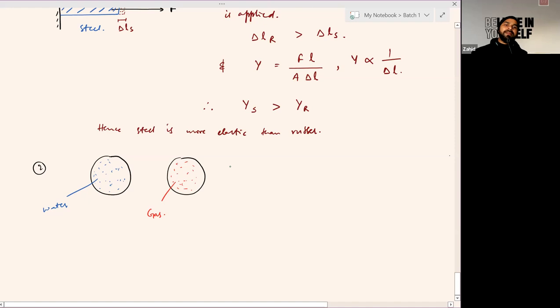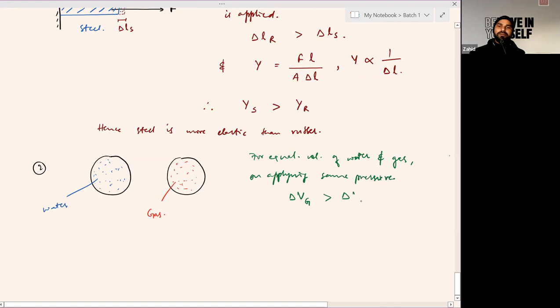Okay, good. So we'll say for equal volumes of water and gas, on applying the same pressure, the change in volume in gas will be greater as compared to water.